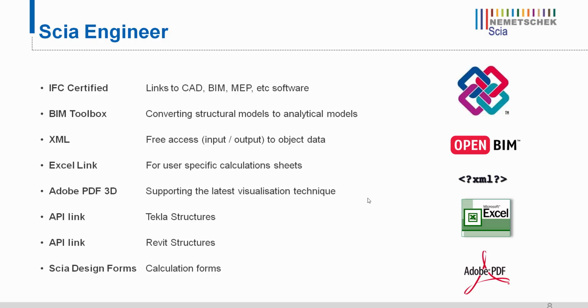As mentioned before, there's also the intelligent link with Tekla and Revit Structures, and the last one, Scia Design Forms. With this tool you have the link to our own created Scia Design Forms, or you can use the already developed calculation forms, or you can create new calculation forms yourself.